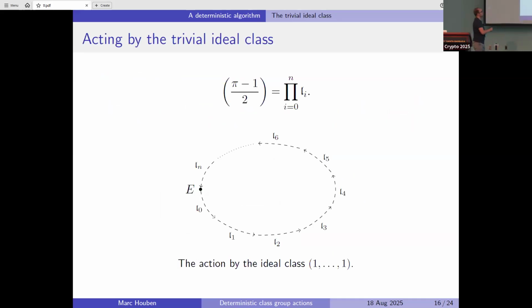Now this equation is possibly less trivial than you might think. What this says is apparently if we do an isogeny of every degree, we get back to where we started. Because this is a principal ideal, so it's trivial in the class group. In other words, the action by the exponent vector of only ones is trivial.